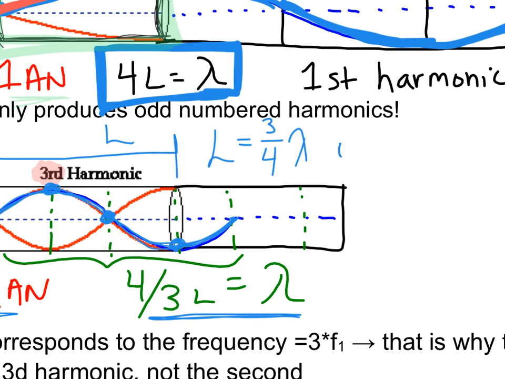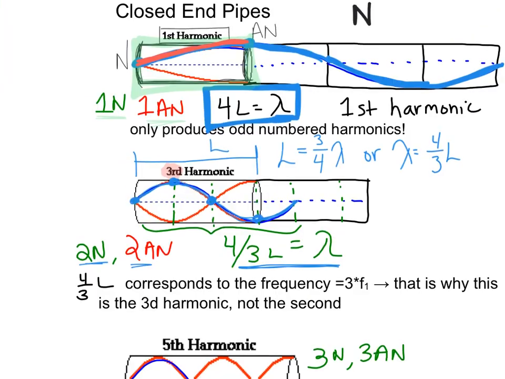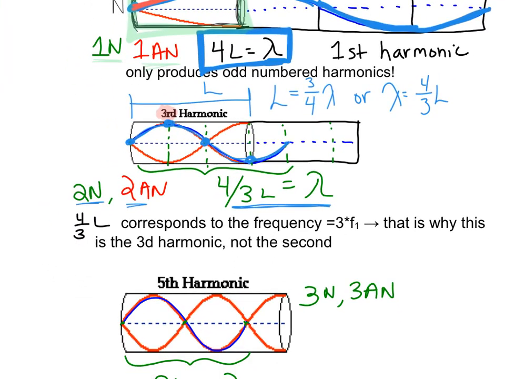Or I could write it out this way and say that the wavelength equals 4/3 of the length of the tube. But one thing I want you to note is that this corresponds then to a frequency 3 times our fundamental frequency. So remember that the wave speed is constant.